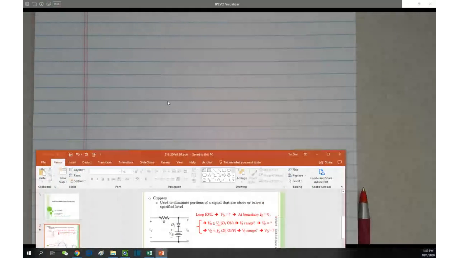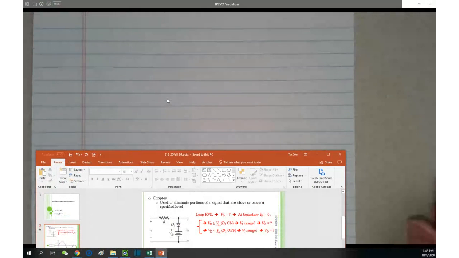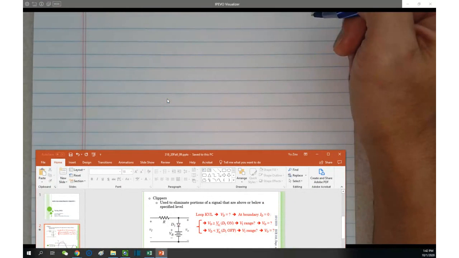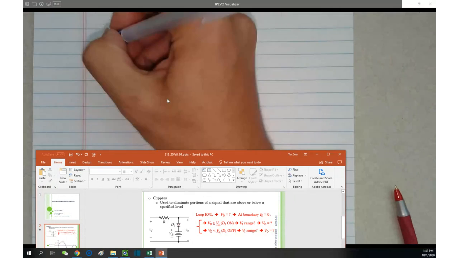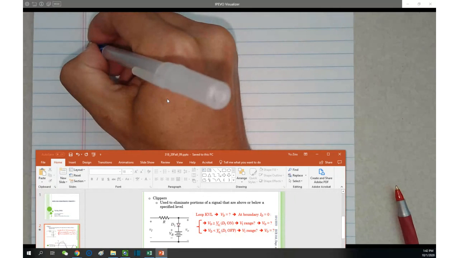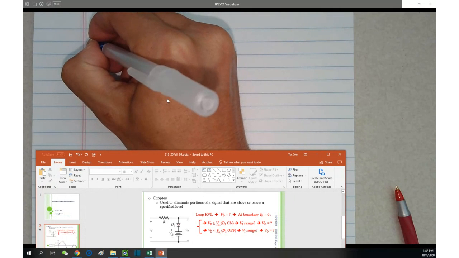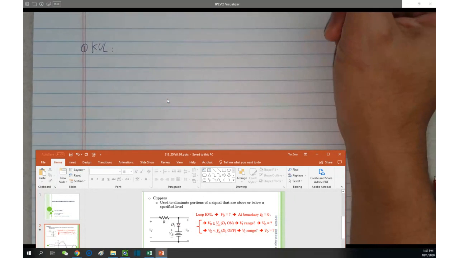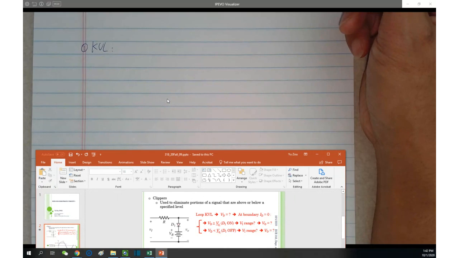I'm placing this here. First, according to KVL in the loop, what equation can we have?